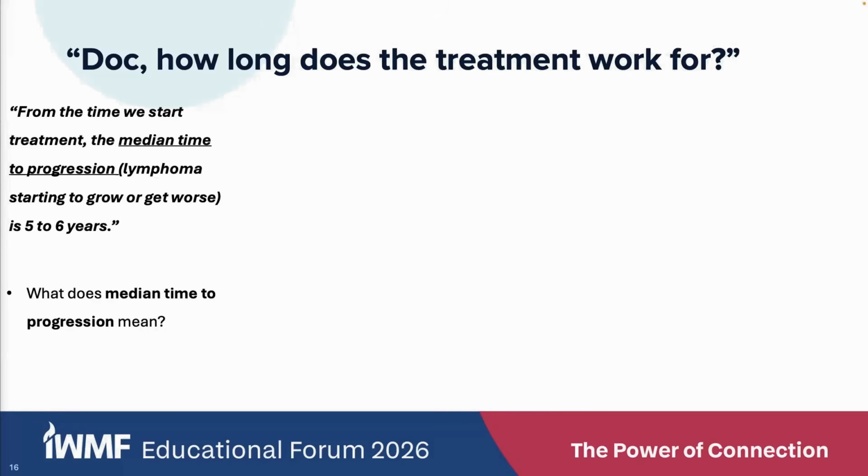But there could be some factors where I might be able to guess if you're going to be in the first 5 patients or the later 5 patients. So for example, if a patient has this CXCR4 mutation where the lymphoma cells are more likely to be resistant to treatment, they're more likely to be in the first 5 patients because their lymphoma is just more resistant to treatment.